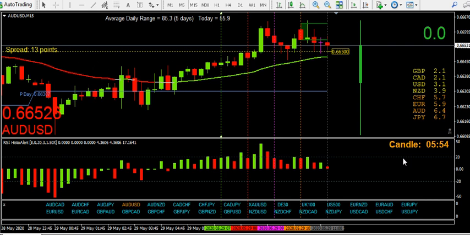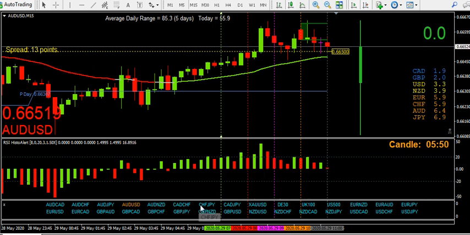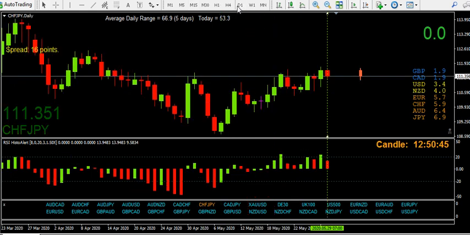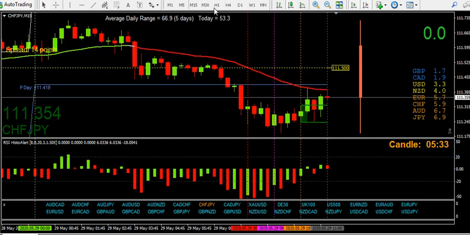Another thing worth mentioning was CADJPY. Nice pullback to the downside throughout the night. Big green candle, and as you can see, let's put that on the right level there. Control and Y, get your start of the day.